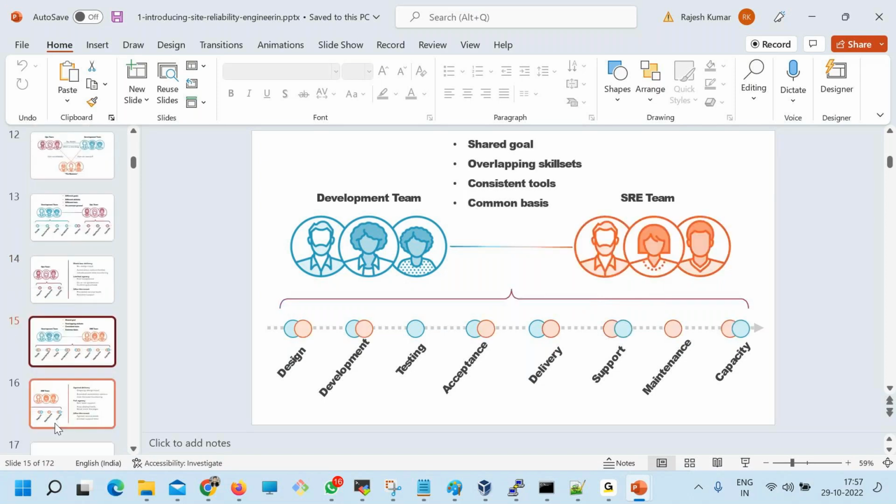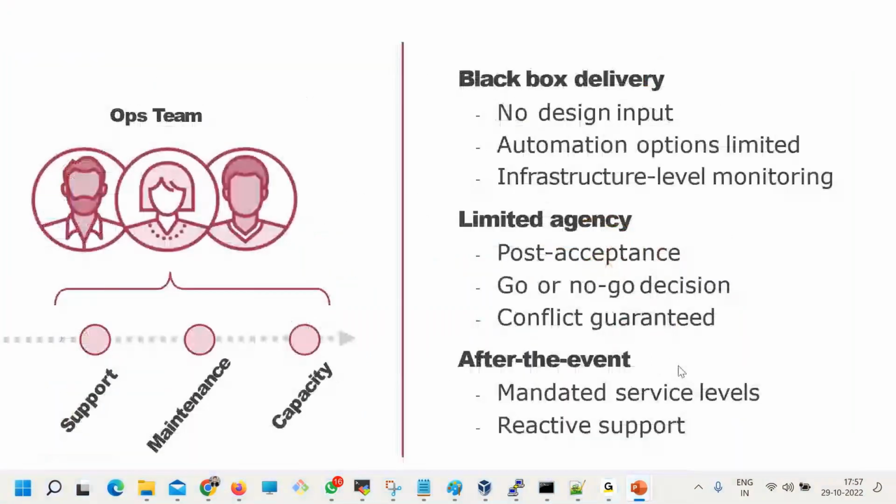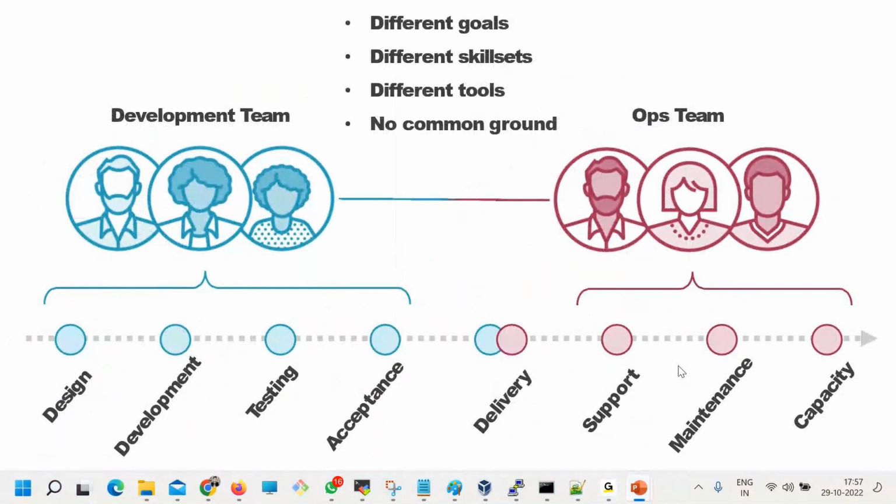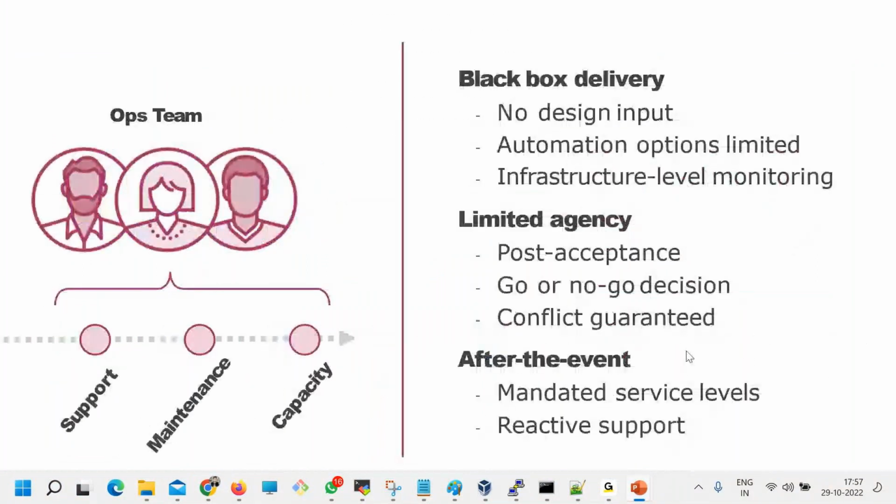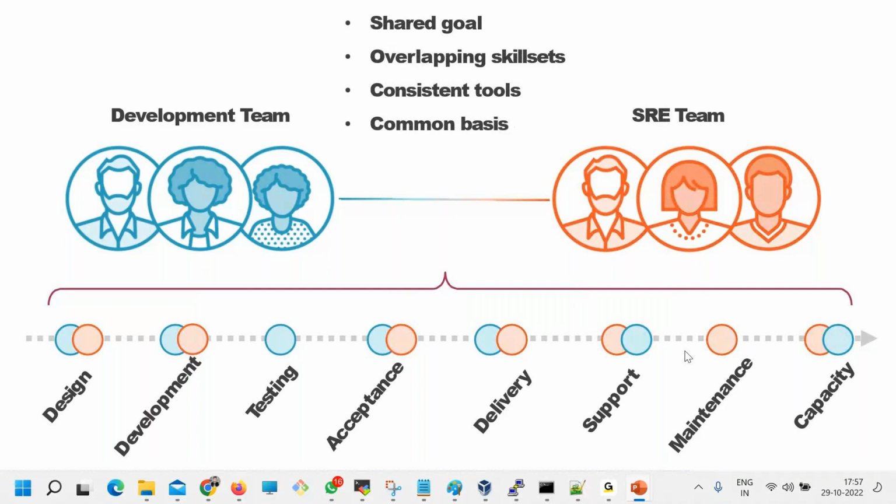So that is where Google comes in and says, let's do one thing. Let's ask the development team and the SRE team to work together. There's a very tiny difference between SRE and operations. When you start new development and design activities, involve the SRE team, meaning the ops team.